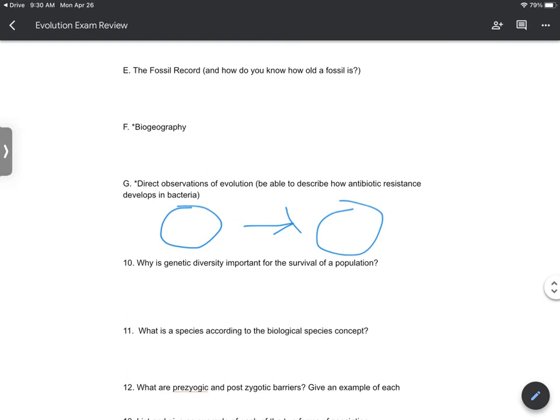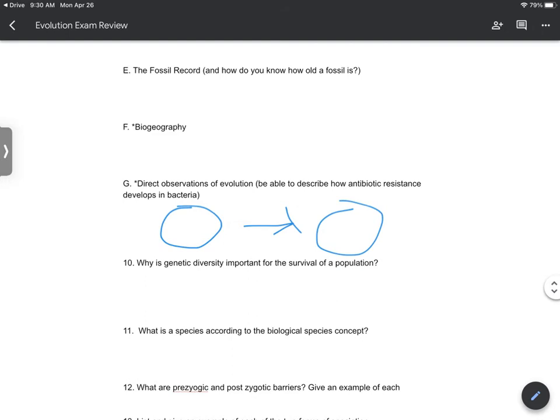They just so happened to have a mutation that randomly made them resistant, that became favorable and selected for in the environment with the antibiotic. And then the next generation of bacteria are all going to be descendants of those resistant bacteria, and so they will be resistant. And therefore, there has been, as per our definition of evolution, a change in the genetic composition of a population from one generation to the next.